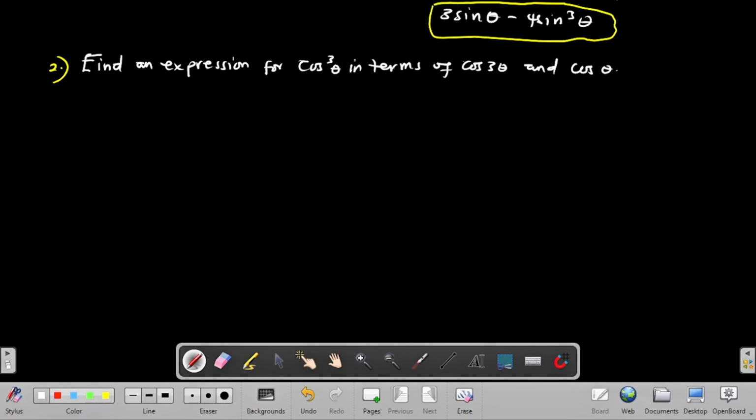So the first question was to express cos 3 theta in terms of the cubic of the cosines, but here we are going the inverse or the other way around, where we are trying to express cos cube theta rather in terms of cos 3 theta and cos theta. Okay, so how do we do this? We have to express cos cube theta in terms of this.